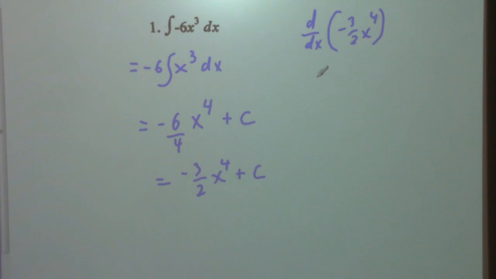We check our work by taking this 4 and multiplying 4 times -3 over 2, and we have x to the 3rd power. When we simplify all this, we get -6 x cubed. That's a check of our work. We got back the original, so that's good.